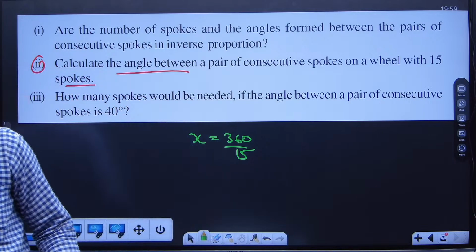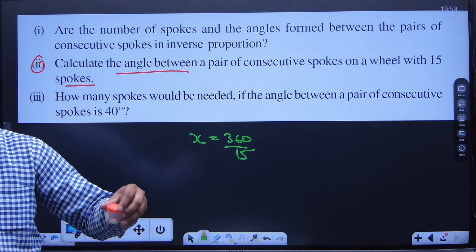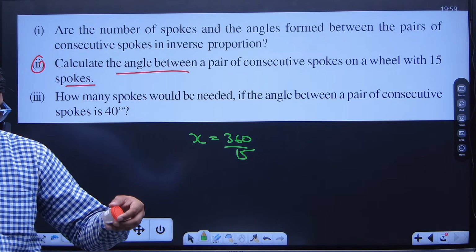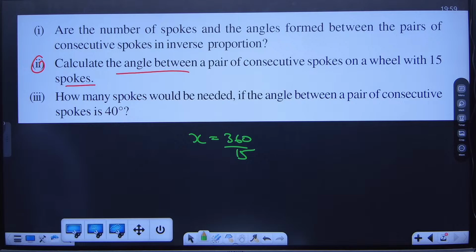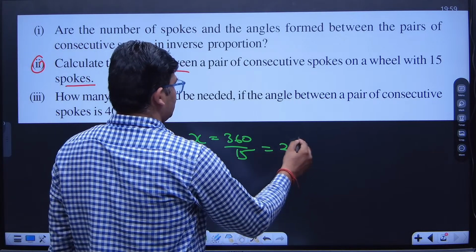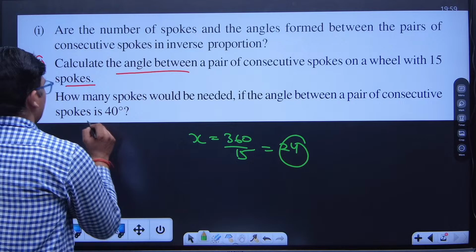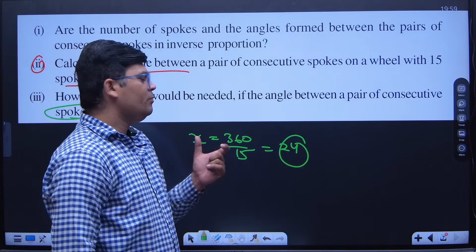Sir, is it 24? How much? 24. Wonderful. So if the angle between two consecutive spokes is 40 degrees, how many spokes are there?